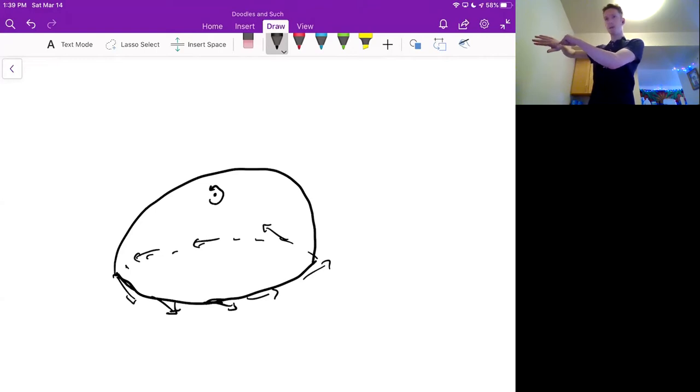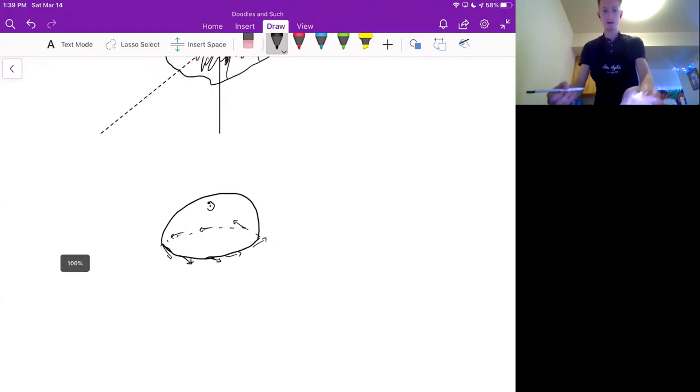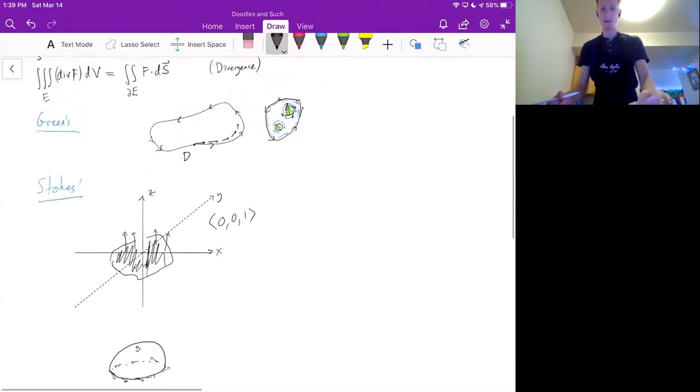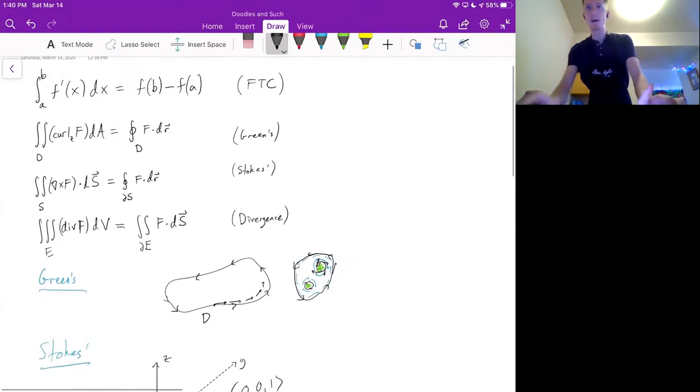So by adding up the total amount that the vector field is swirling on the surface, we get the total circulation around the outside. So that's Stokes' theorem, just a more general version of Green's theorem, really, that allows us to use any kind of curved surface with a boundary instead of a region in the plane.